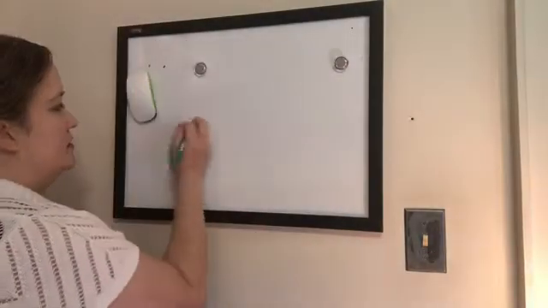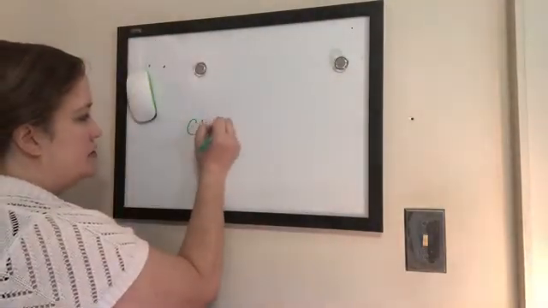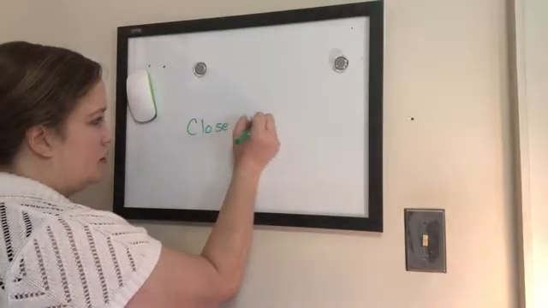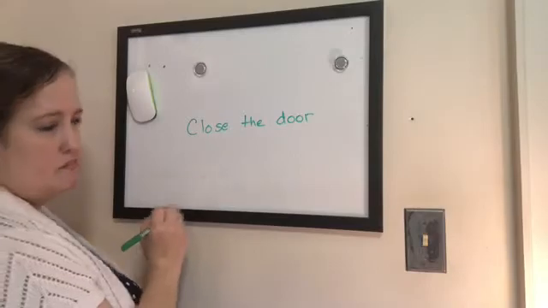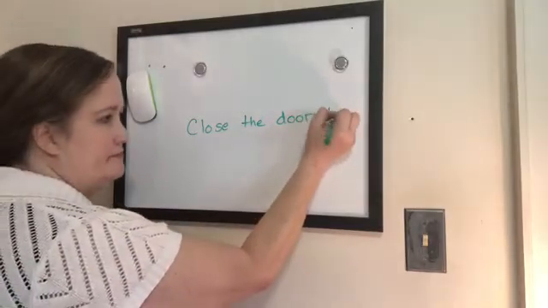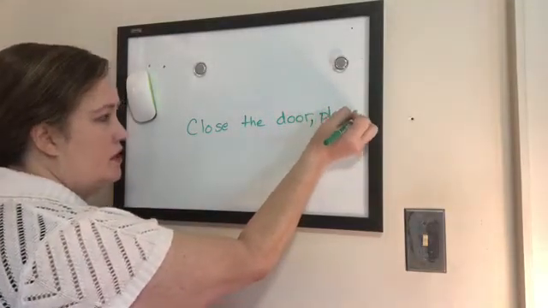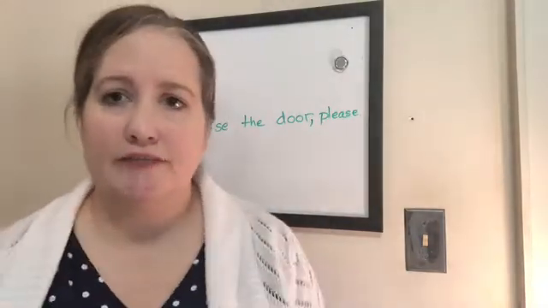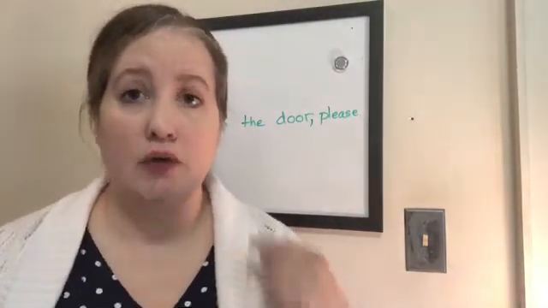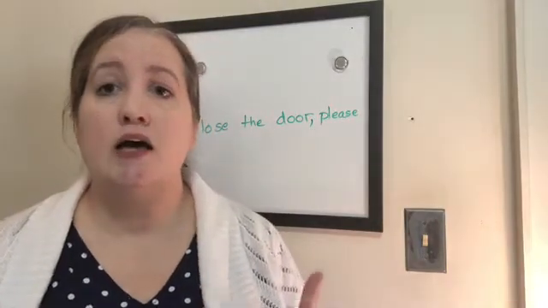An imperative sentence is a command. So if your mom says, close the door, please, to you, she doesn't have to look at you and say, you close the door, please.